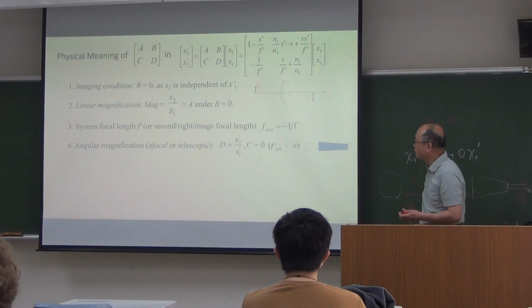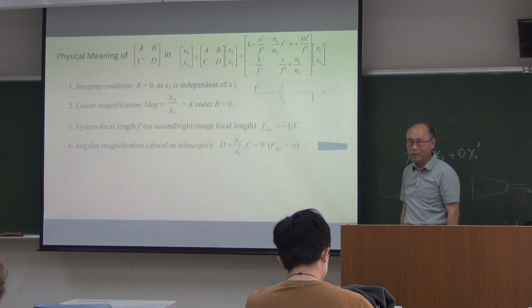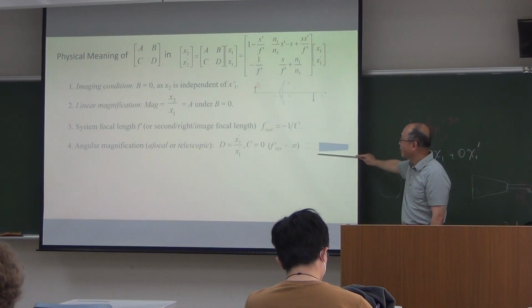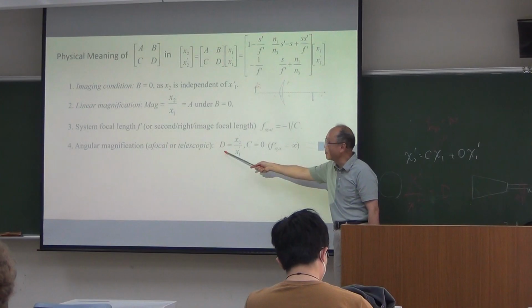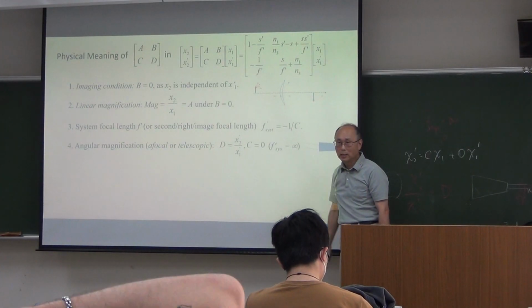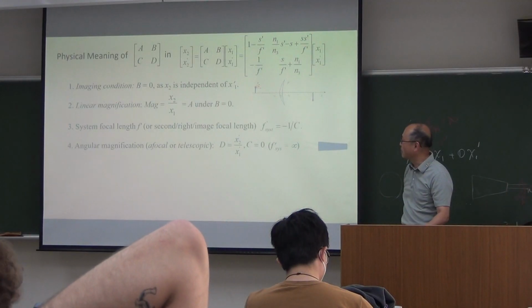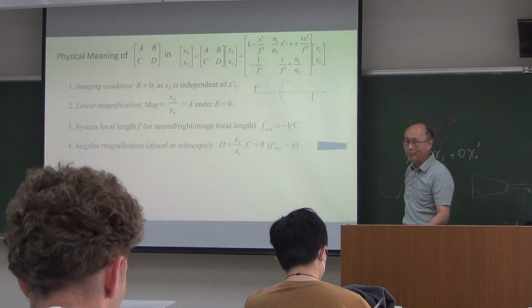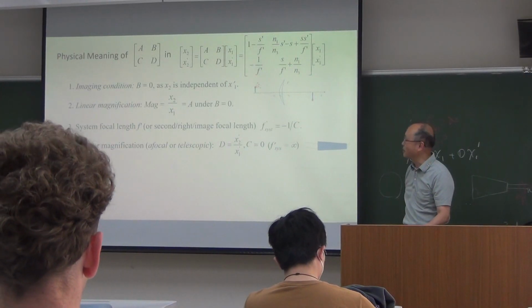Okay, so under this C equal to 0 condition, we'll be talking about a telescope, and the angular magnification is given by D. And so now we understand the physical meaning of the A, B, C, D elements.